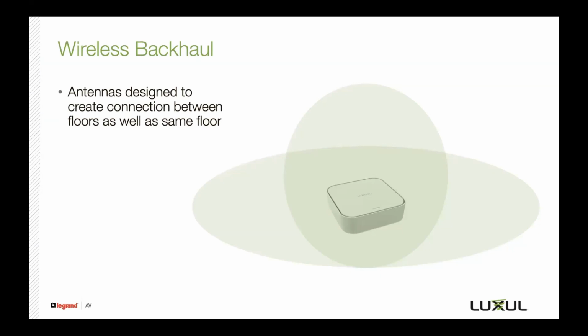The idea is that it gives more power out to the sides, in each direction of the unit, so that it can connect to other nodes on the same level in a more effective manner. It also has a bump in the middle so that it can go up and down, so that you can connect to nodes on different floors more effectively and with greater signal strength than if you just had one big bubble.